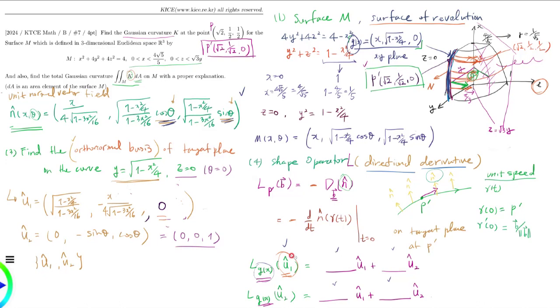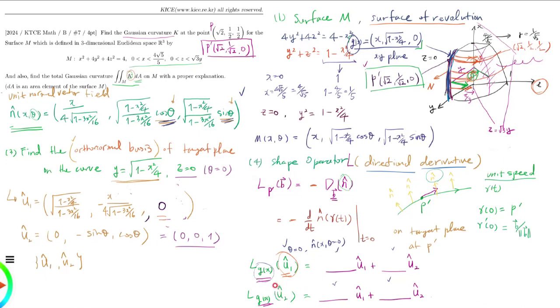So for the direction of u1, we can put that theta is 0, which means we can only deal with unit normal vector field x comma theta equals 0.